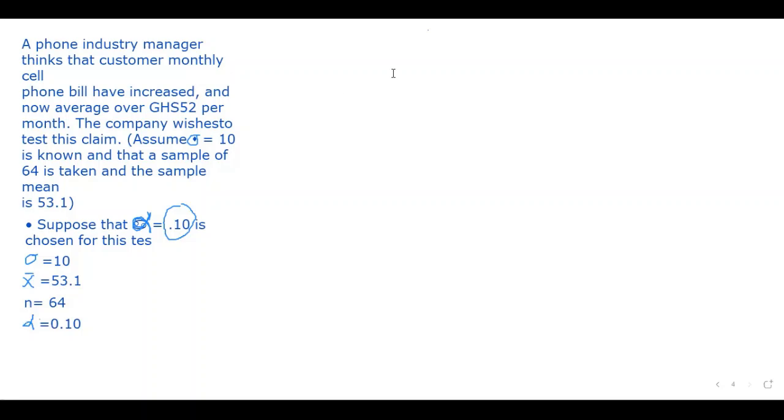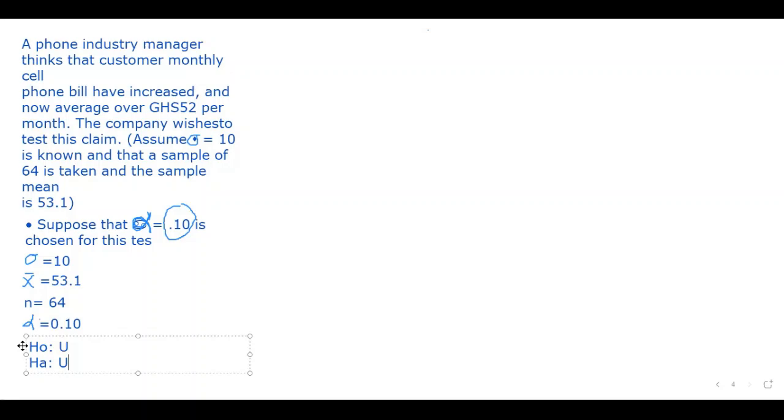Let's now formulate our hypothesis. So now H0 says mu, and HA says mu. Most of the time, the null hypothesis is given first in the statement, and you see it before the alternate hypothesis.